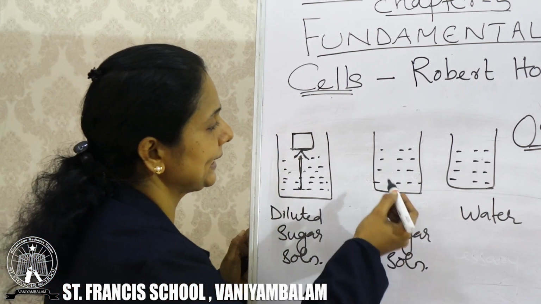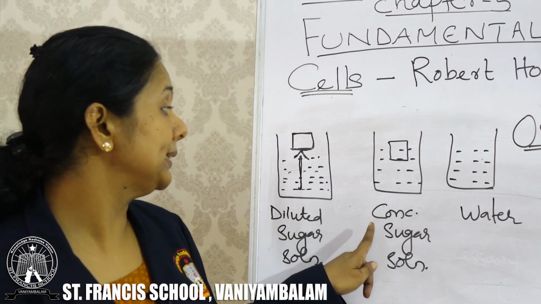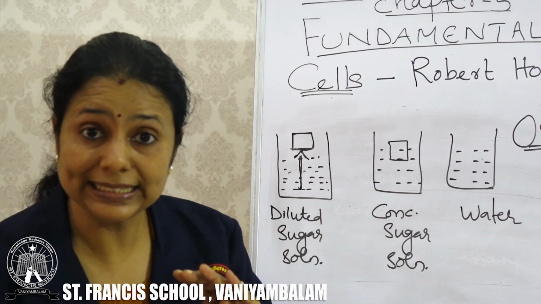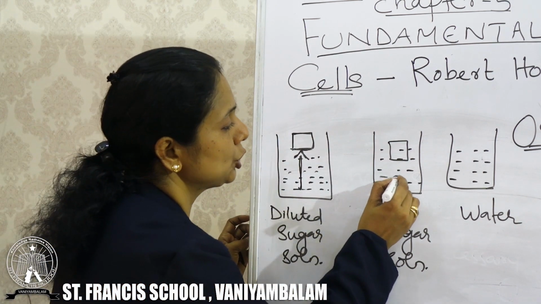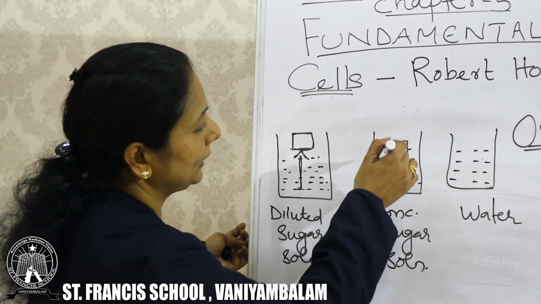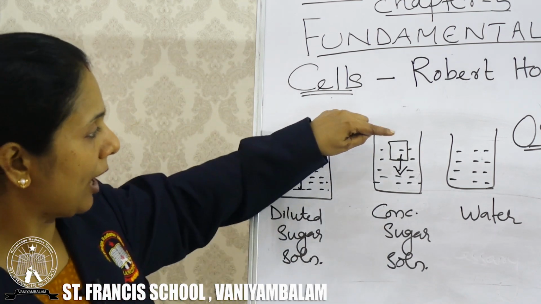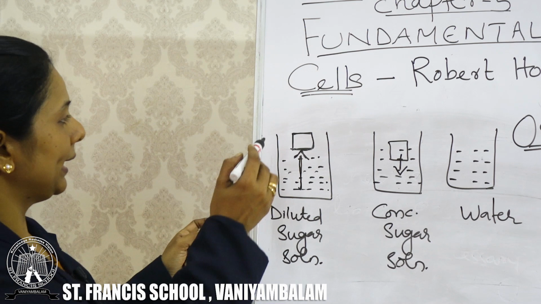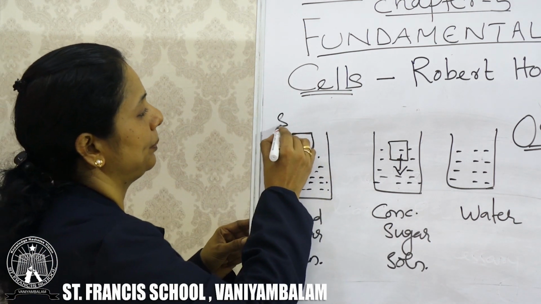And here in the second case, it is the concentrated sugar solution. That is, water is less, sugar content is high. Then what happens? Here sugar content is high, so water from the cell enters into the solution. Here the cell will gain water and swells up.